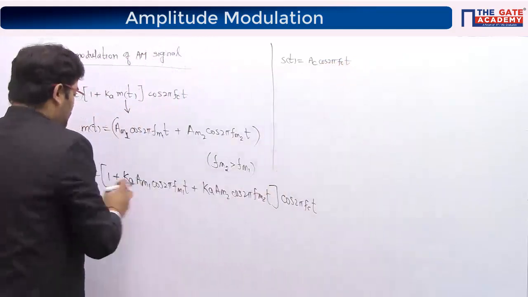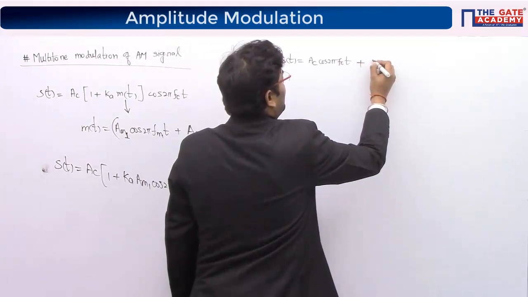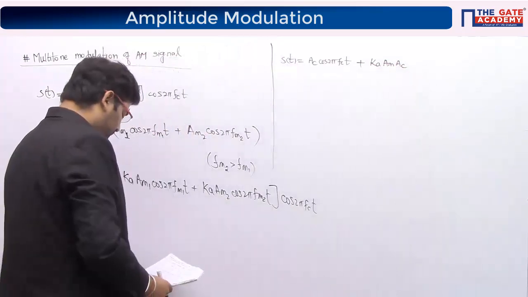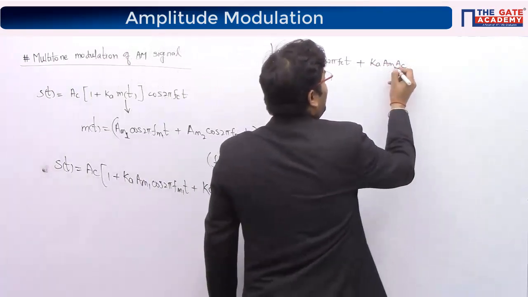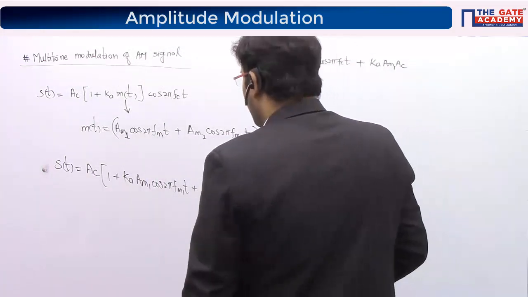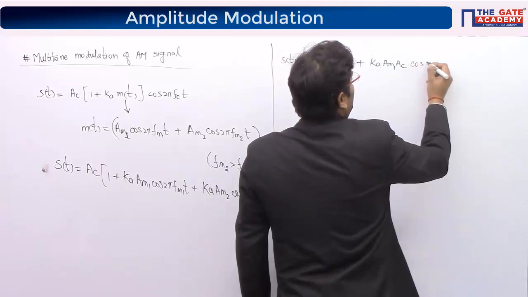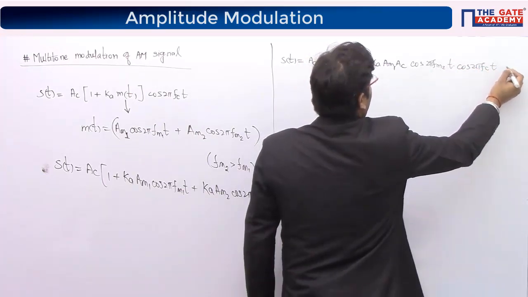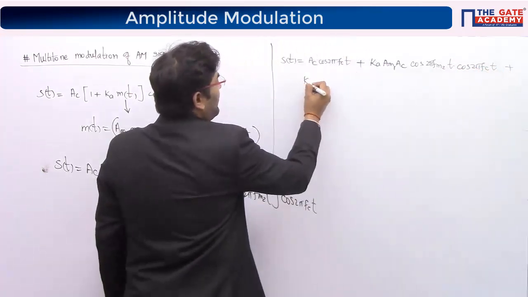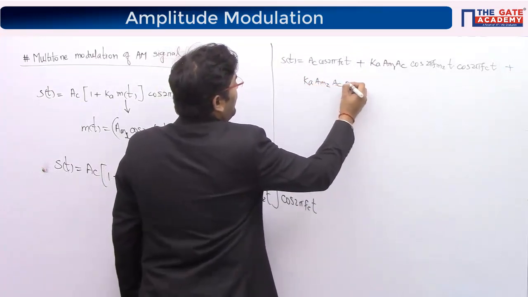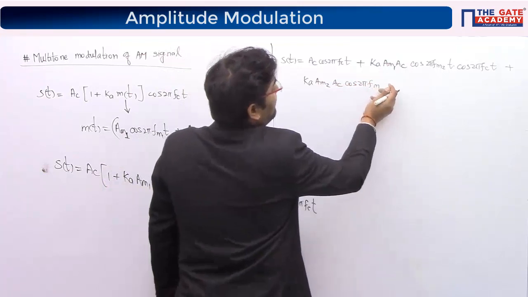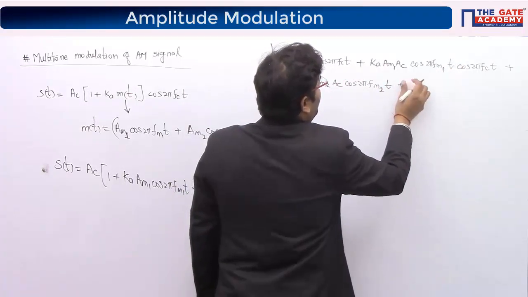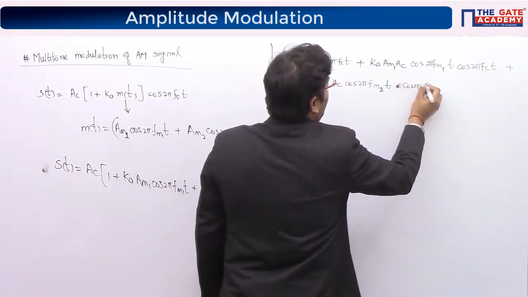Now guys, I am multiplying this to each term, plus Ka Am1 AC cos 2 pi FM1t into cos 2 pi fct plus, similarly, Ka Am2 AC cos 2 pi FM2t into cos 2 pi fct.